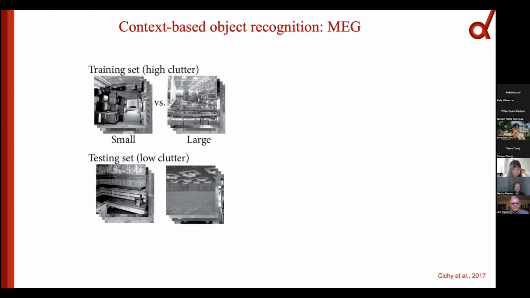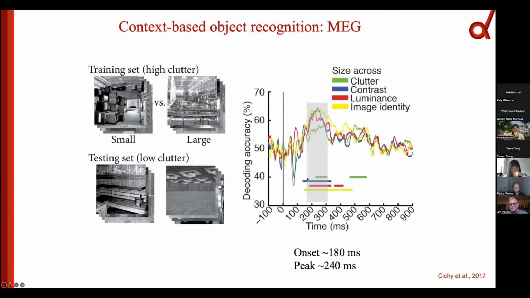And what they did was to train this classifier at every time point across the many sensors that they measured with MEG, and test it on that time point as well. So basically, you train this classifier again and again on every time point and plot its performance across time. And that's what's shown here. So on the x-axis is the time relative to stimulus onset, and on the y-axis is decoding accuracy for several types of decoding.